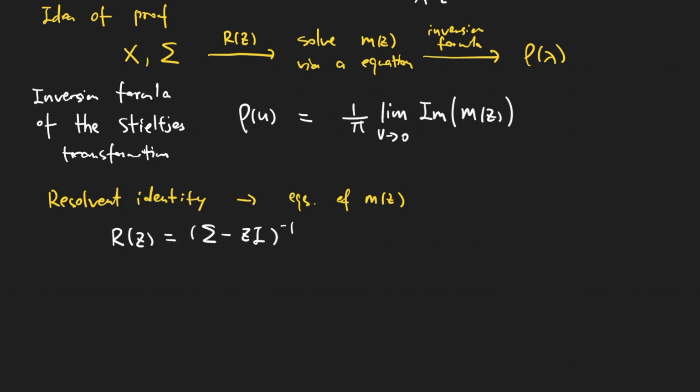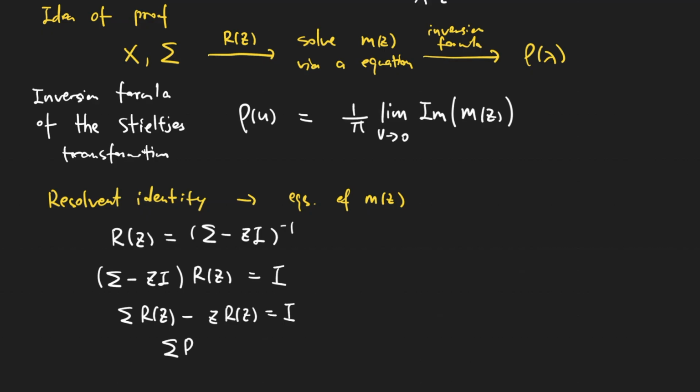Then we can move some terms around. We have sigma minus zI times R of z equals identity. Then we can expand the terms. And we have sigma times R of z equals identity plus z times R of z.